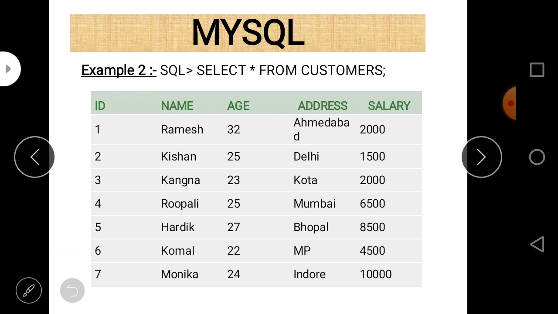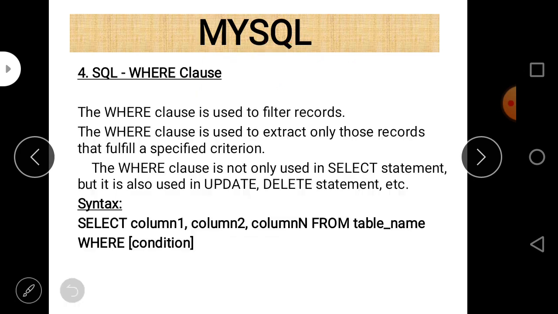If you just write select star from customer, then obviously the complete data will be visible on your screen: ID, name, age, address, salary, complete data.